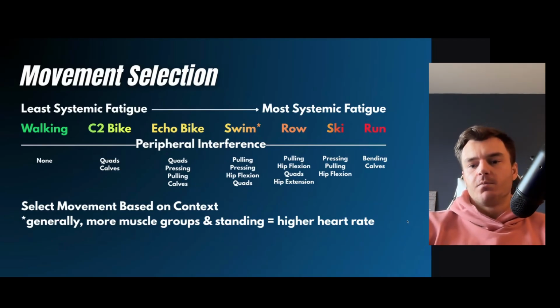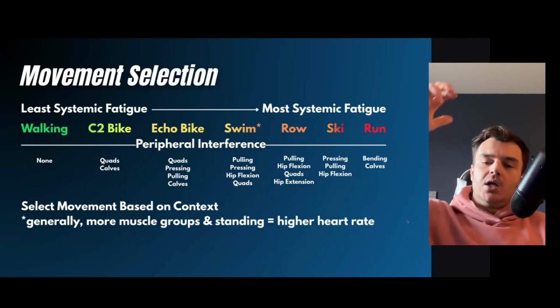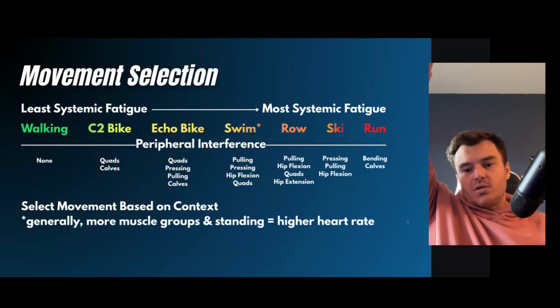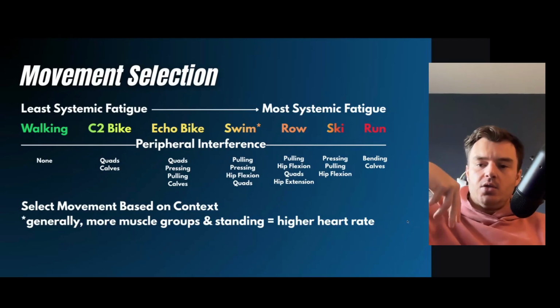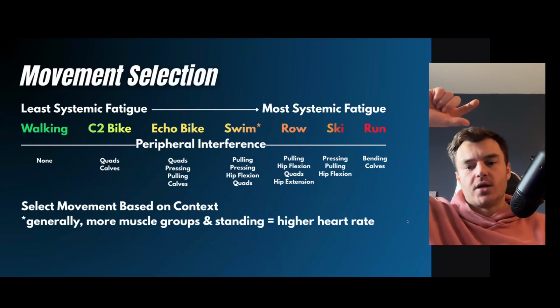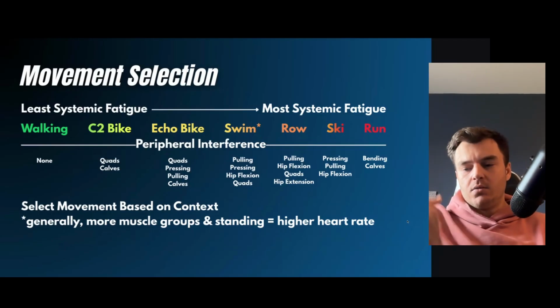The ski is pretty fatiguing. At the front of the stroke, or the top of the stroke, I should say, when you get tension on the handle at the very top and you start to throw the hips back and lean forward, you end up creating a small amount of eccentric load through the tricep, the lat, and the anterior chain in the core.